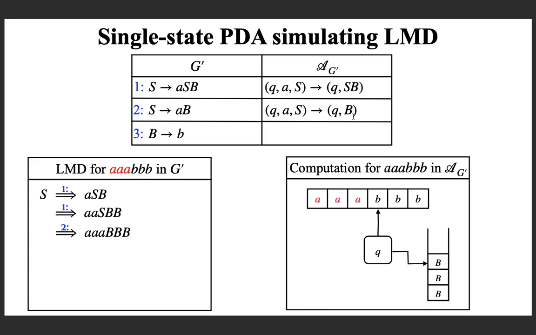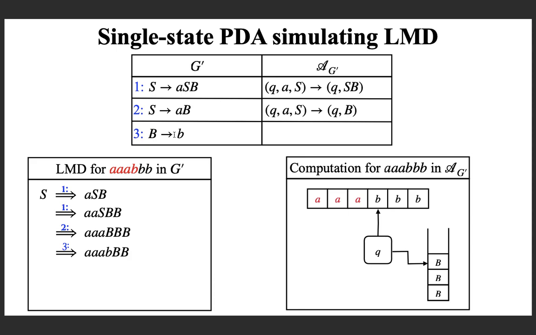Note that the machine you are getting is non-deterministic; any of these two applies. Assume that you are applying this. Now suppose in the derivation you are applying production number 3. What is the corresponding transition you need here?